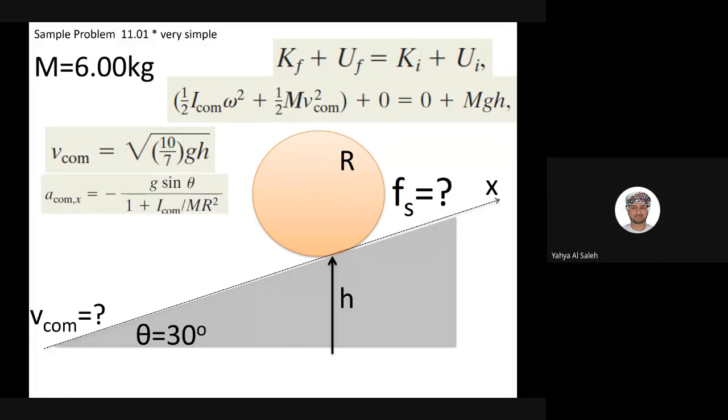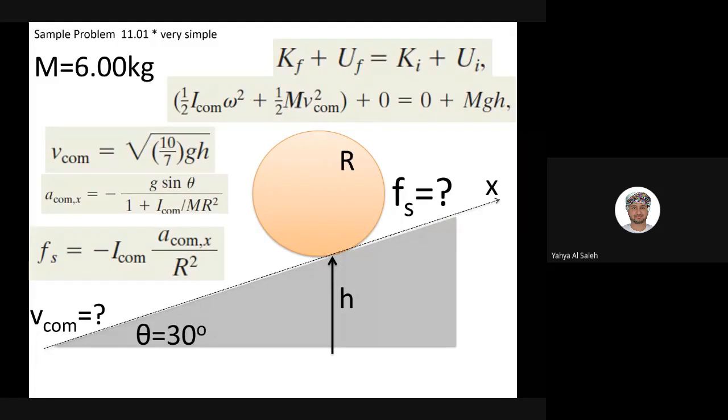V com is equal to square root 10 over 7 gh. a com, we have calculated before. We know what Fs is. And that's that.